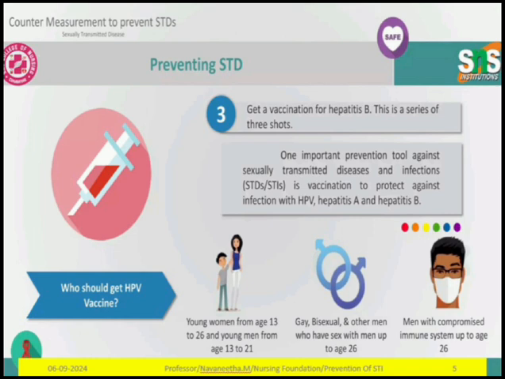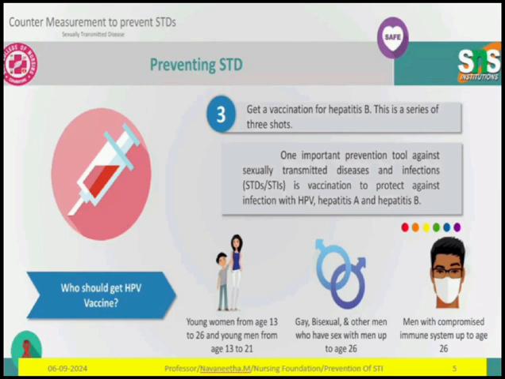The third prevention is to get a vaccination for hepatitis B. This is a series of 3 shots. One important prevention tool against sexually transmitted disease and infection is the vaccine, to protect against infection with HPV, hepatitis A, and hepatitis B. Who should get the HPV vaccine?